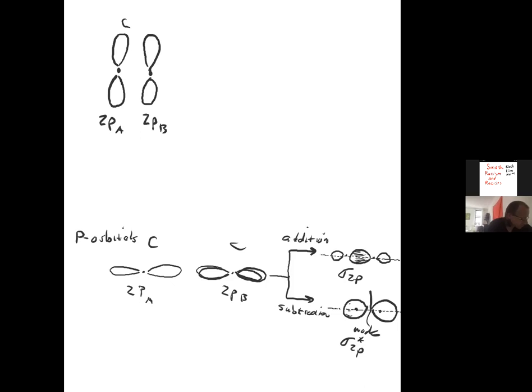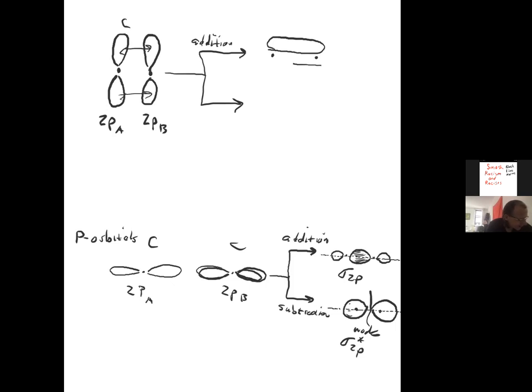They're going to mix, and they mix in a very interesting way. Here's what you get when you do addition. They add together. These lobes up here add together, and these lobes down here add together.